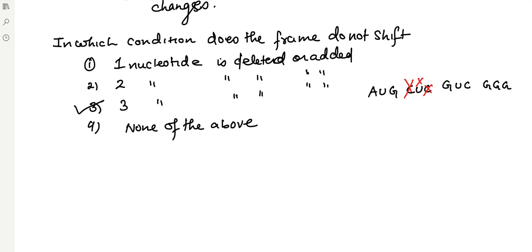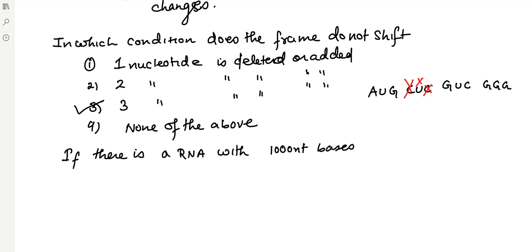There is another common question which comes from this particular place, that if there is an RNA with 1000 nitrogen bases and codes for 333 amino acids.